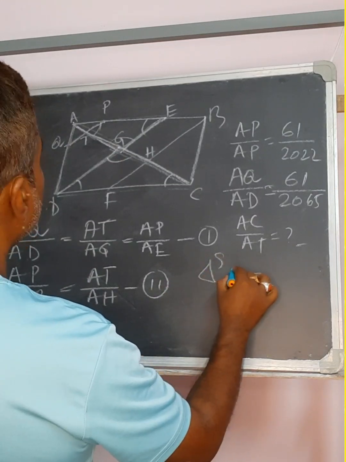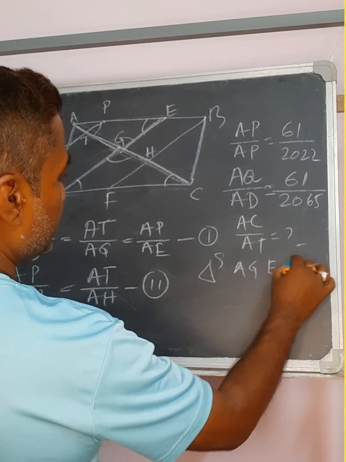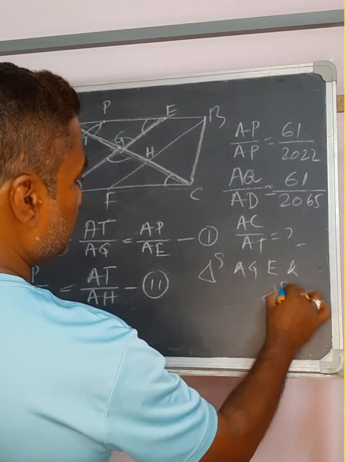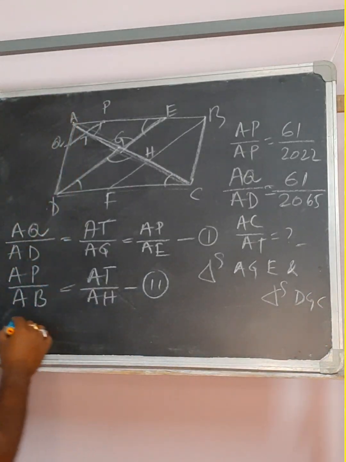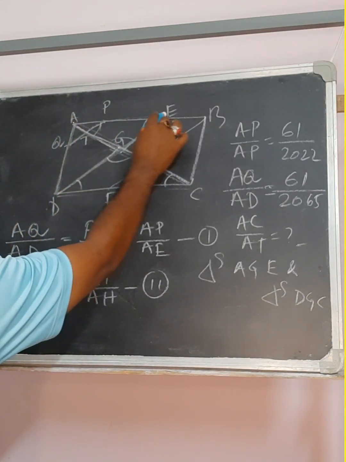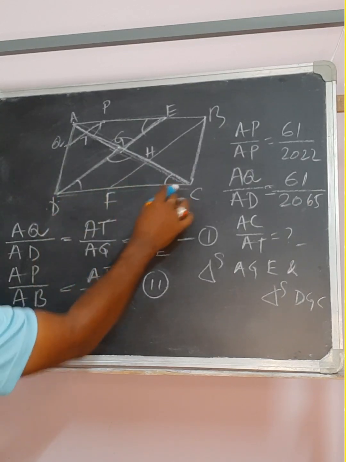So triangle AGE and similar triangle DGC, we can say another thing about the similar sides, that means AE is similar to DC.